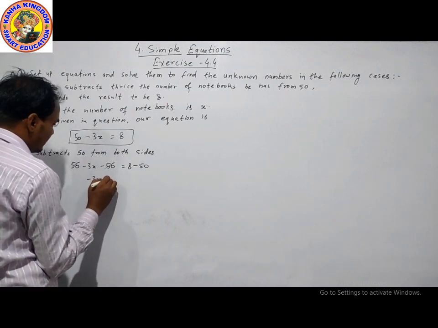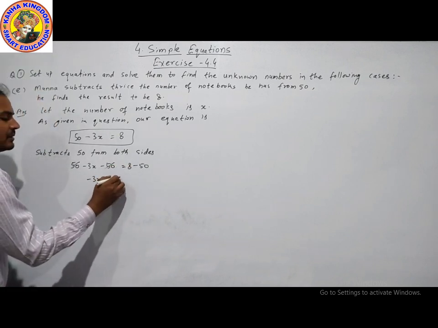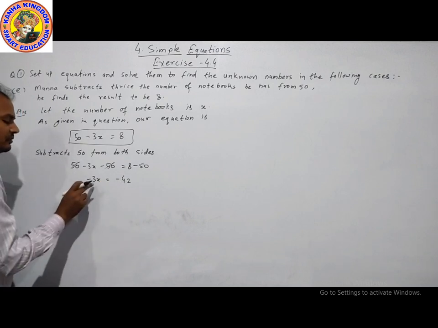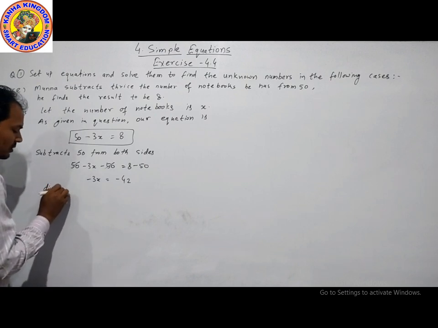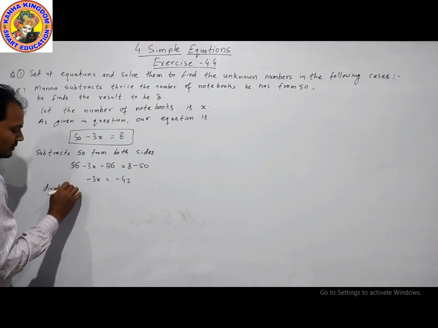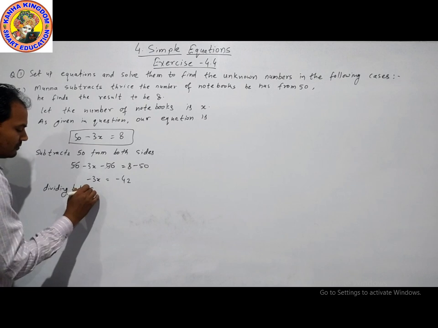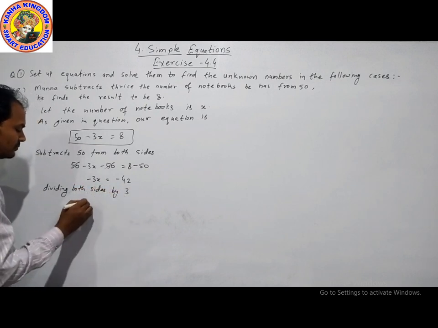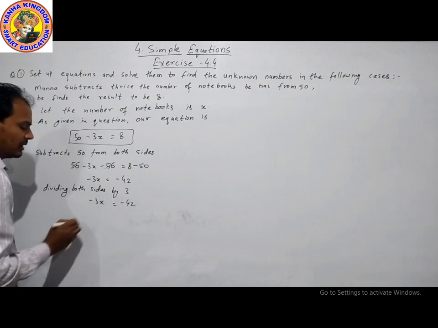Minus 3x is equal to, here 8 minus 50, minus 42. Now here is multiply by 3, so we will divide by 3 on both sides. The equation is minus 3x is equal to minus 42.